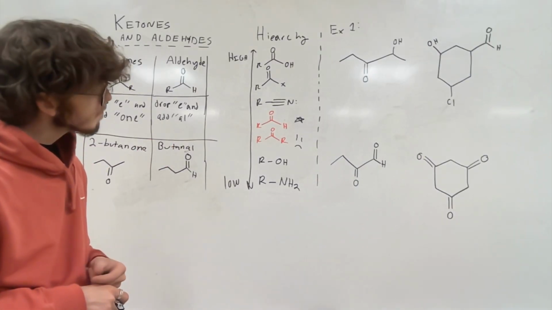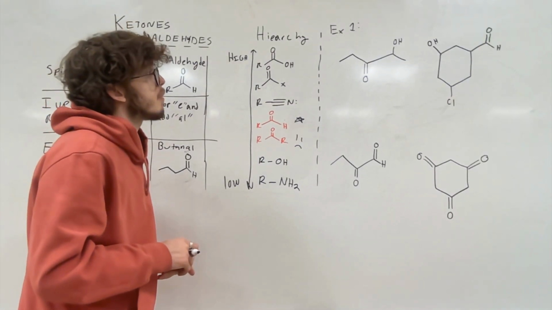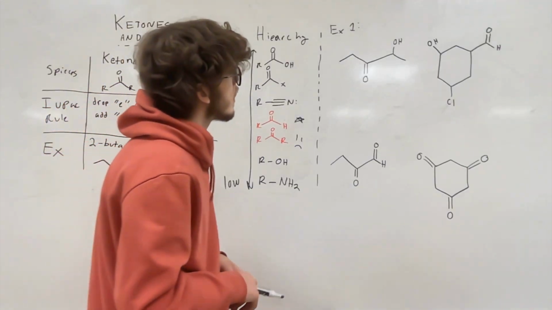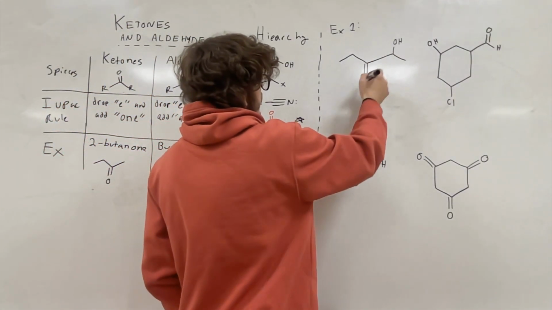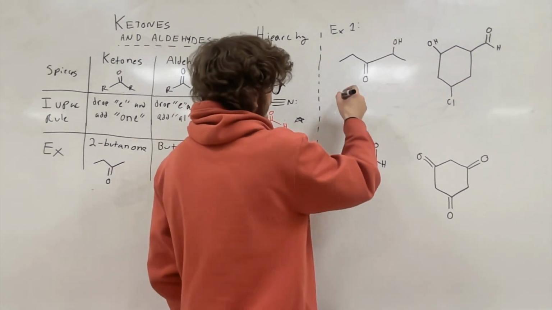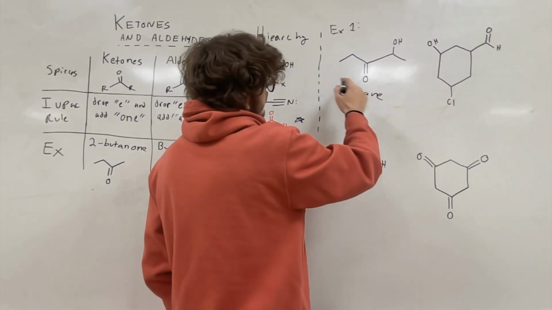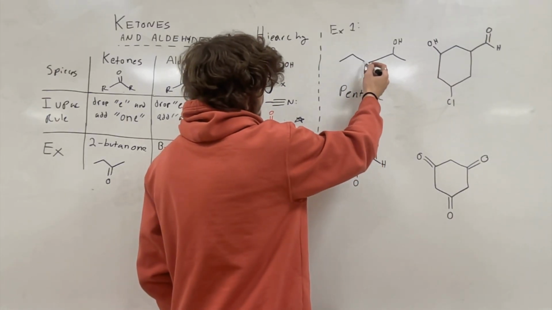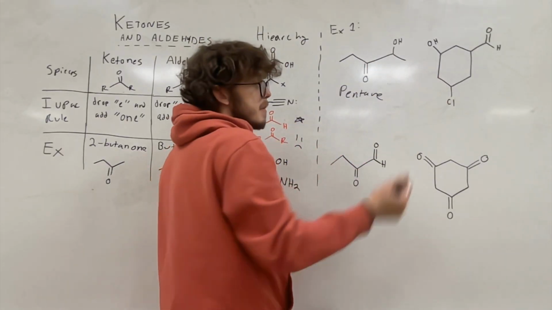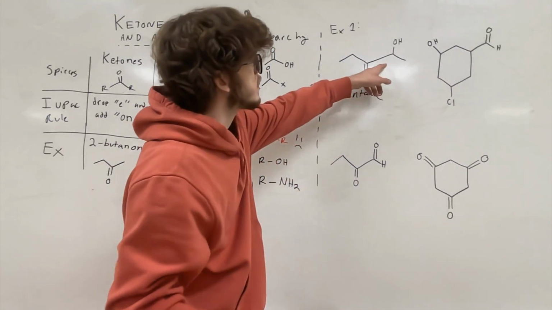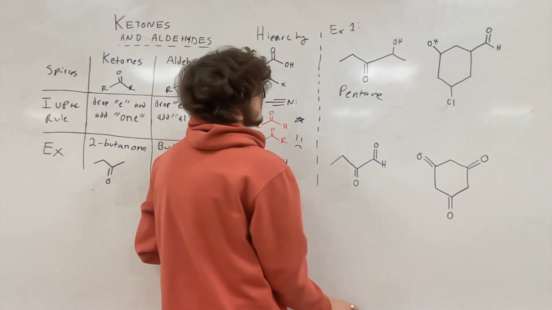So let's move on here to some examples in naming. We have a pentane parent. I want you to name all of these. We can reach this carbonyl fastest if we go which way? 1, 2, 3, 1, 2, 3. It doesn't matter if we go left or right. We also want to reach our hydroxy group first, so we're going to go from the right to the left.